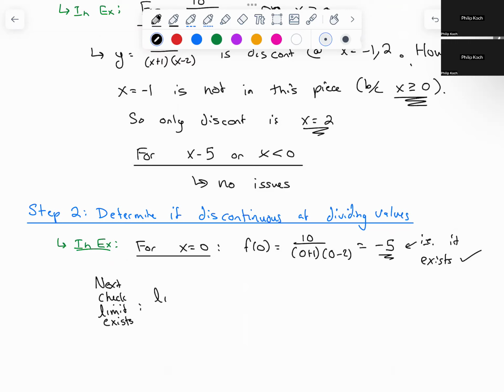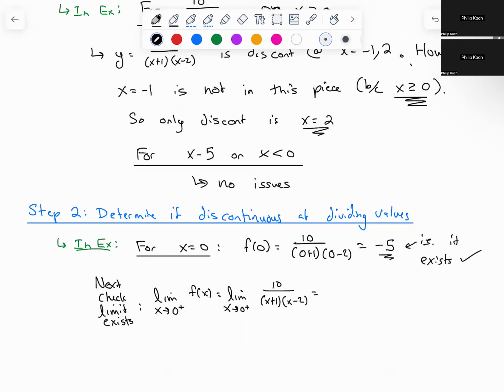So the limits as x approaches 0 from the, what do you guys want to start with, right or left? Right side, sure. Of f of x, that'll be the limit as x approaches 0 from the right of the top piece, because that's the function that's defined for values greater than or equal to 0. So that'll be 10 over x plus 1 times x minus 2.